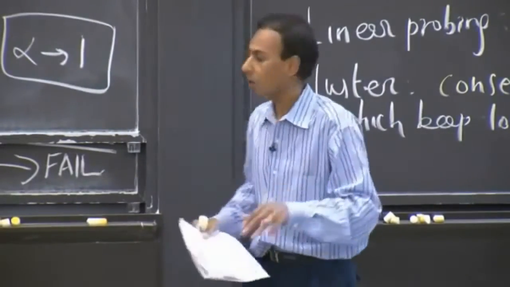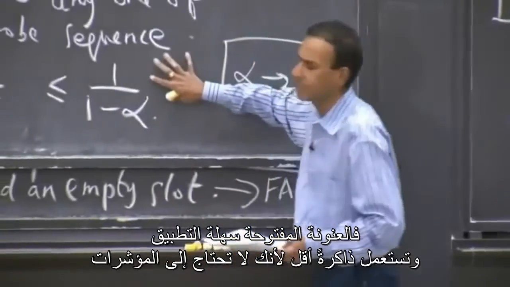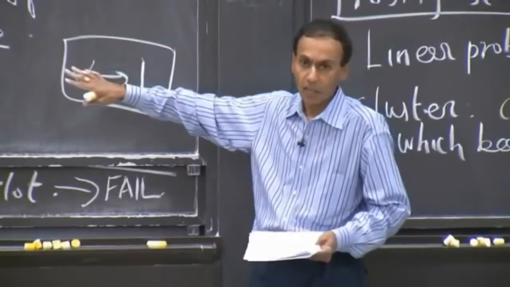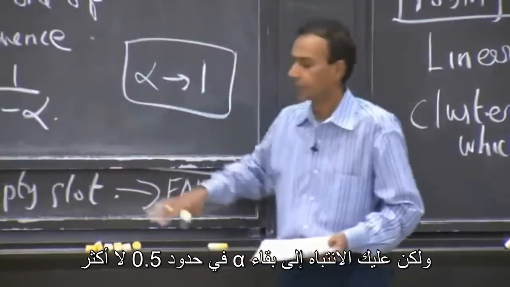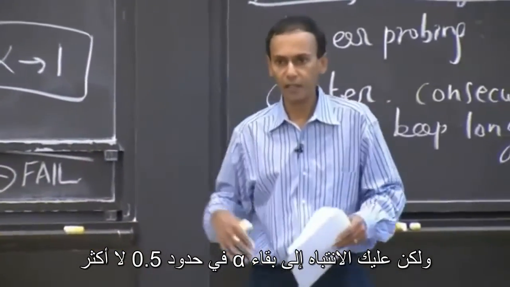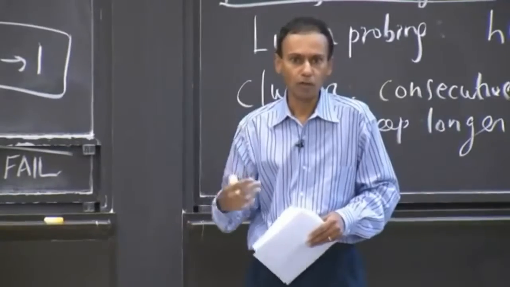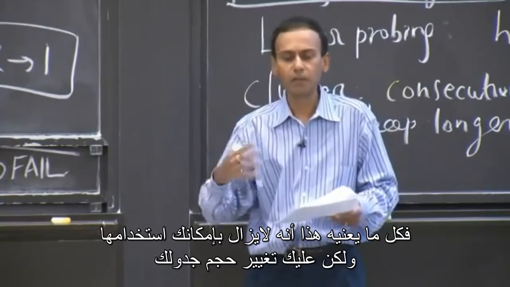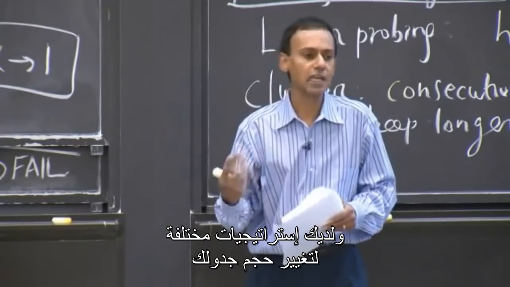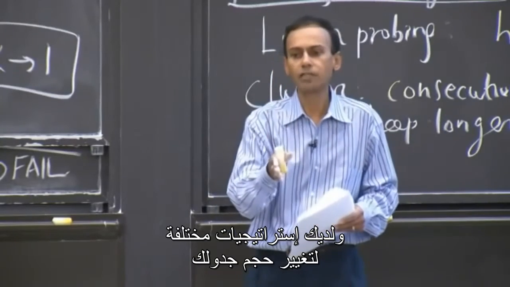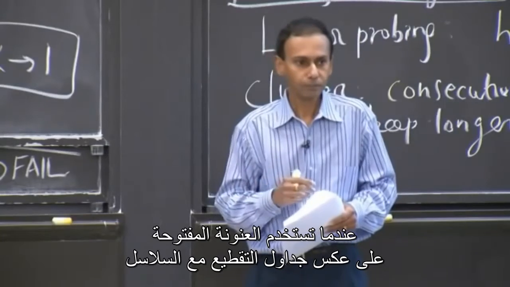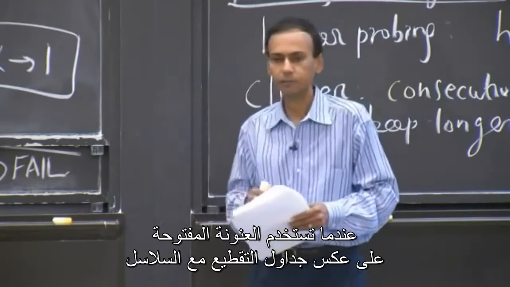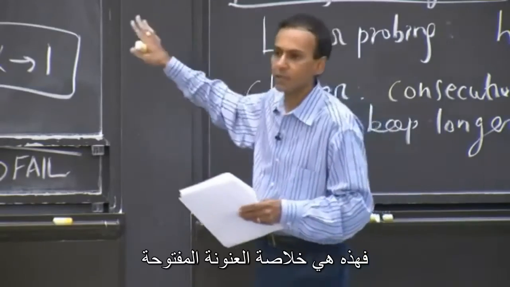Okay, so open addressing is easy to implement. It uses less memory because you don't need pointers, but you better be careful that your alpha stays around 0.5 and no more. So all that means is you can still use it. You just have to resize your table. You have slightly different strategies for resizing your table when you use open addressing as opposed to chaining hash tables. All right? So that's the summary of open addressing.